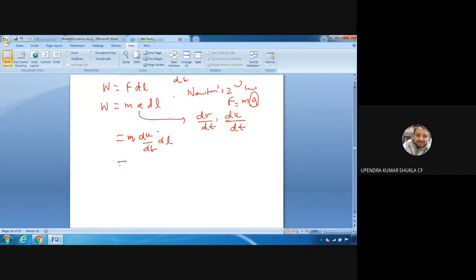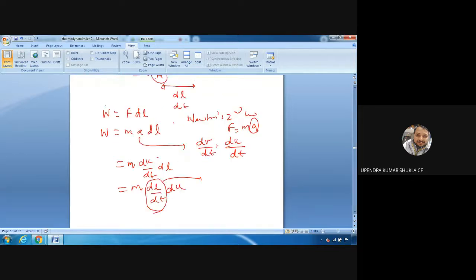Now I will rearrange m, dl by dt and du, the change in velocity, to represent this change in velocity. Since the definition of velocity is what? The dl is displacement.